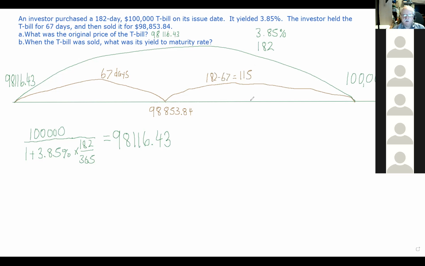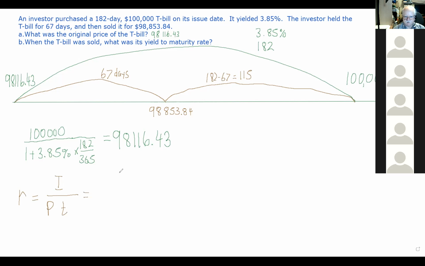And so now we have our problem again of finding the rate. We know what it matures to. We know what they paid for it. We know how many days they're holding it, but we have to find the rate again. So the rate equals the interest amount over the principal times the time.